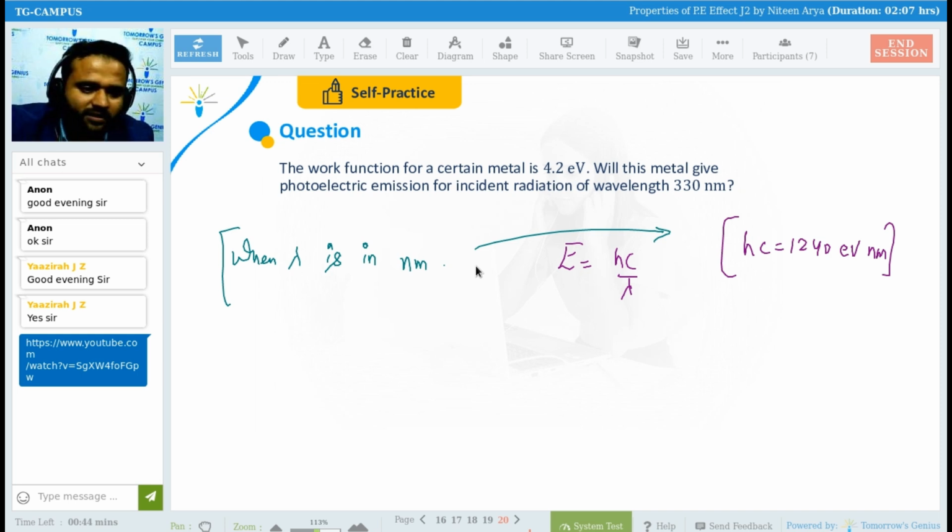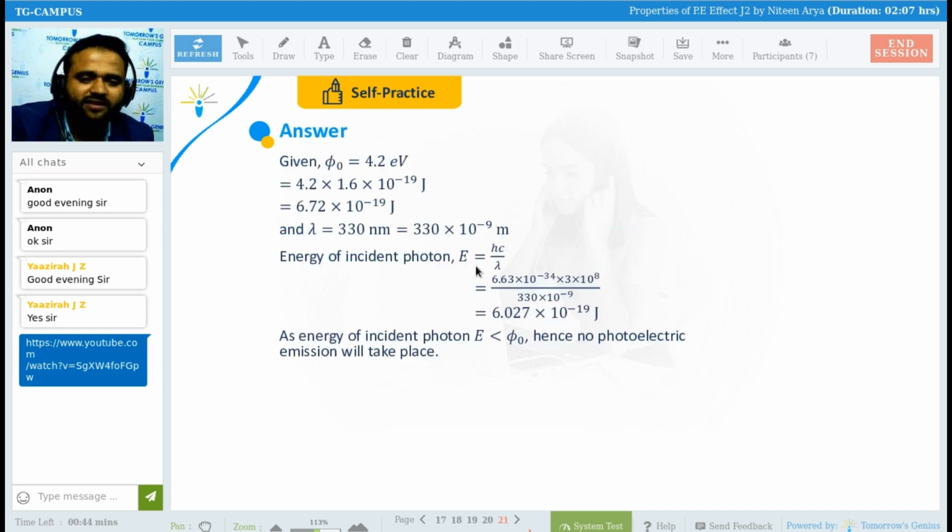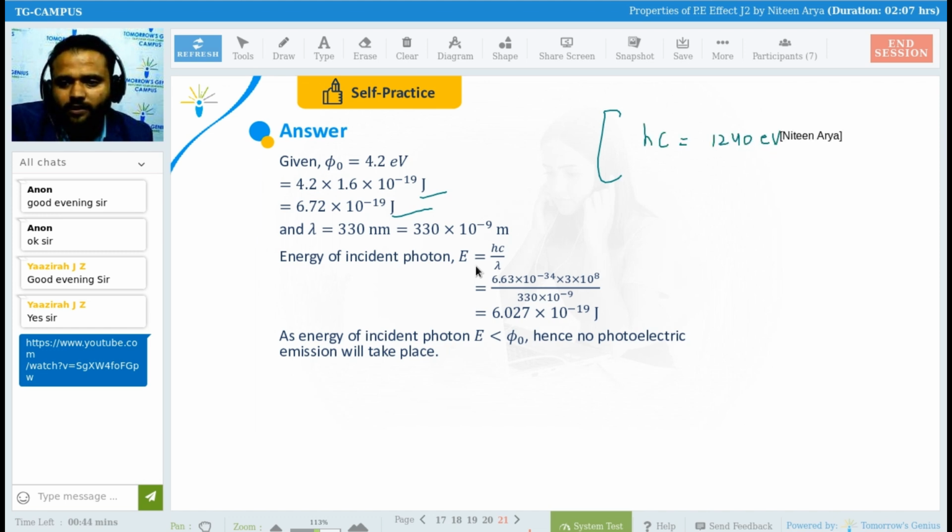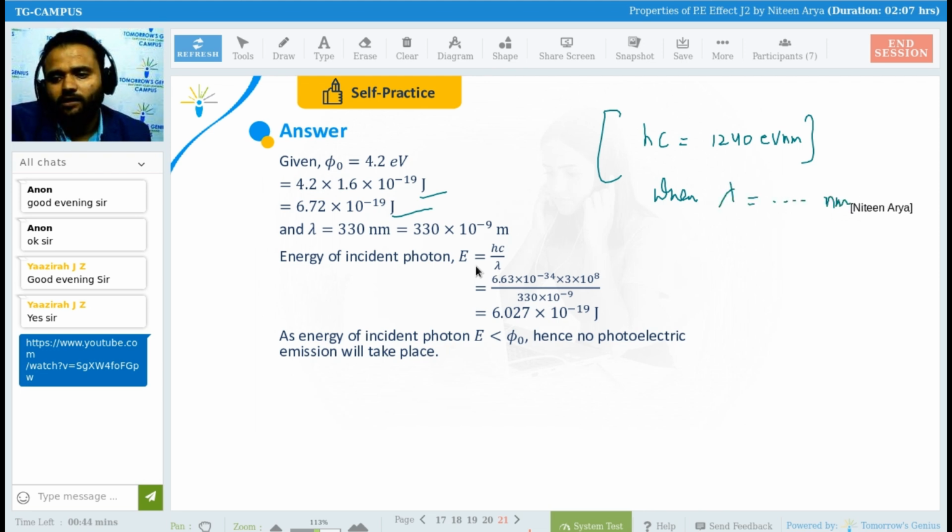Three point seven. Yes. Okay. So given phi is 4.2 eV, or you can say 6.72 into 10 to the power minus 19 joules. Either you can convert this, or you can use this, which is important. You can use 1240 eV nm when lambda is in the range of nanometer.